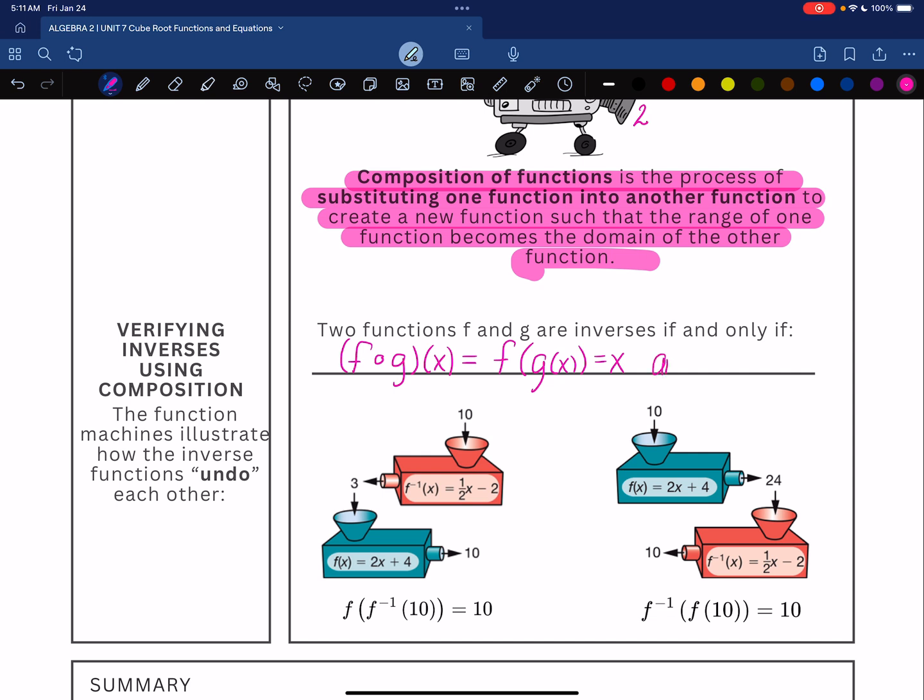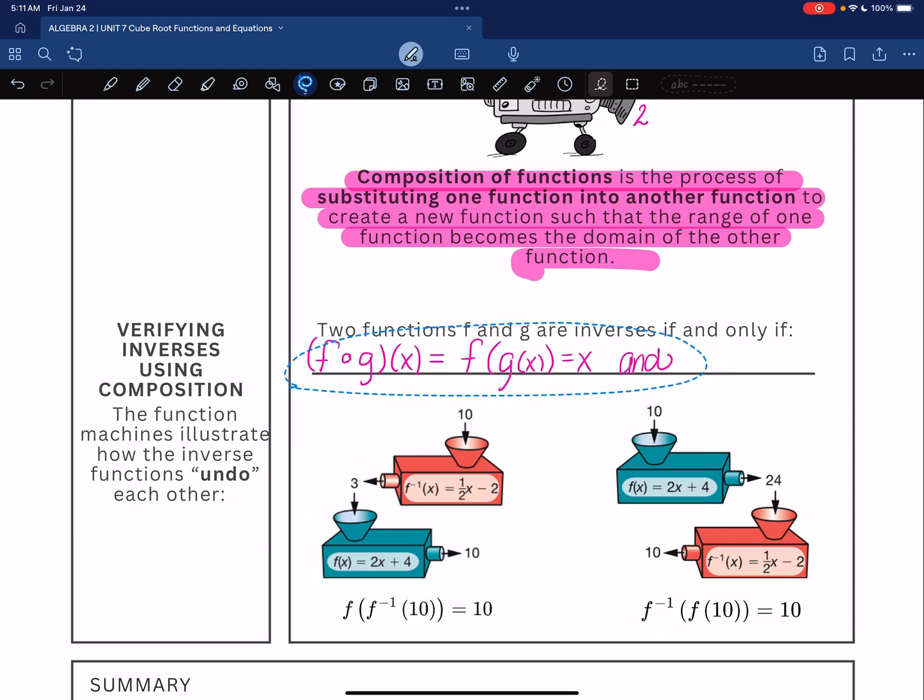And not only does that have to be true, but also the other way around. g of f of x, which is the same thing as saying g of f of x, is x.